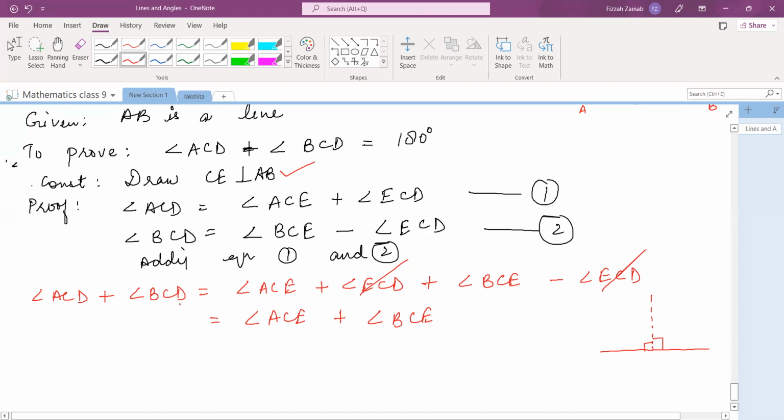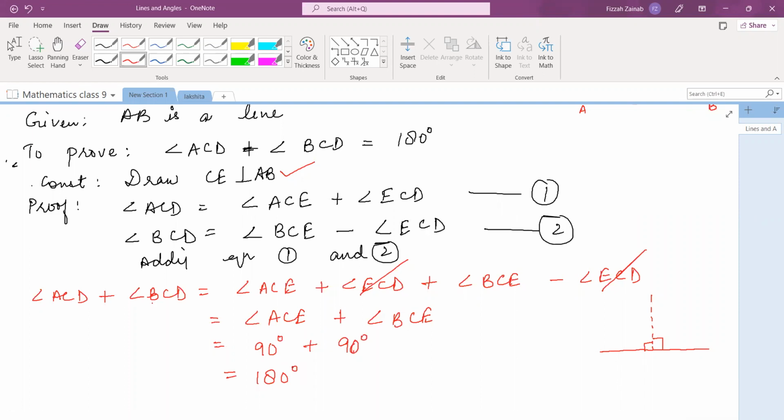This is the meaning of perpendicular. So ACE is 90 degrees plus BCE is 90 degrees. That becomes 180 degrees. So we have shown that angle 1 plus angle 2 is equal to 180 degrees. Correct? Okay.